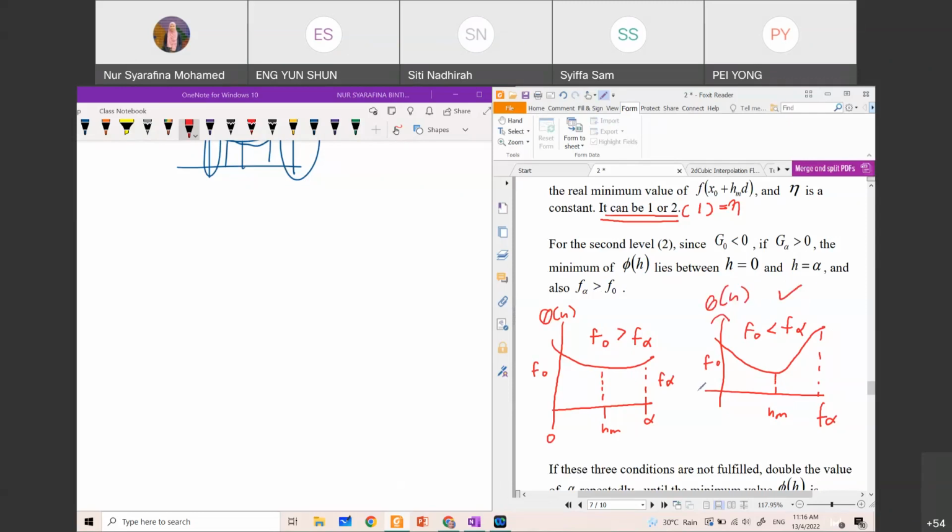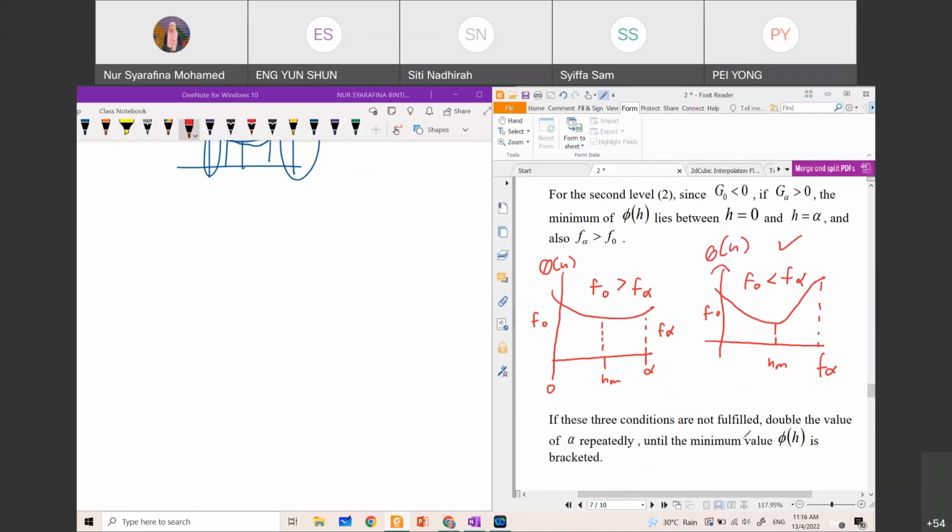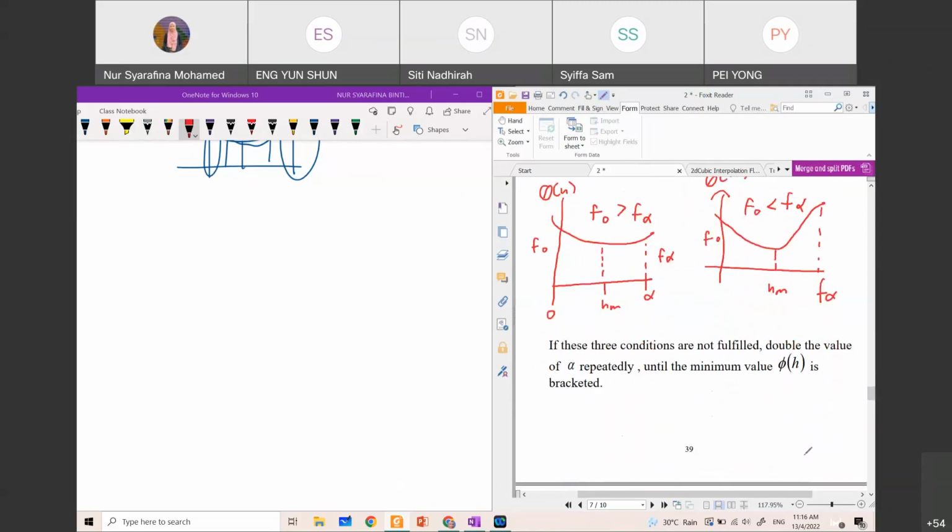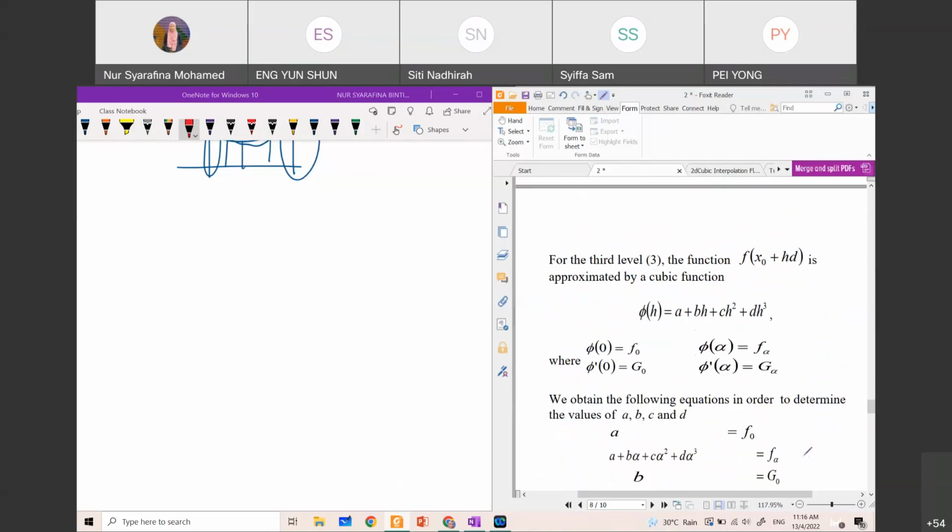So if these 3 conditions are fulfilled, double the value of alpha repeatedly until the minimum value is bracketed. Then we proceed with the third level.